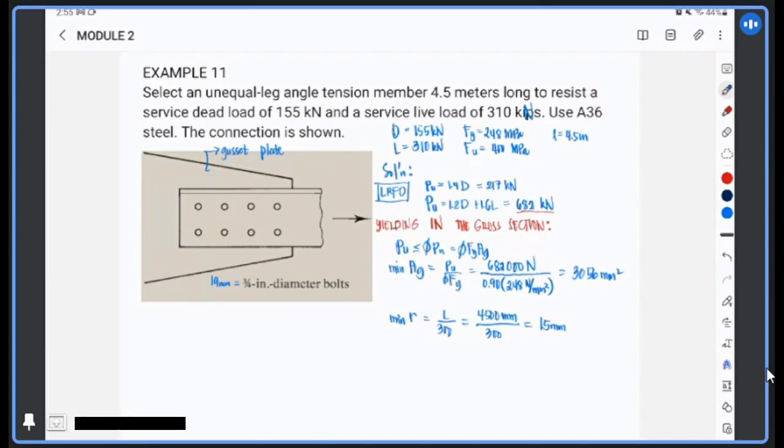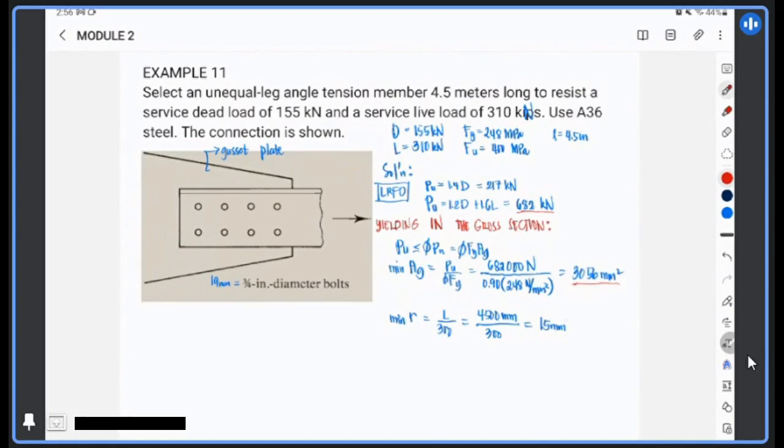Now we go to the section database, and we have to find sections with the minimum constant. This is the minimum gross area. We have to look for area that is greater than this, pero dapat yung pinakamalapit.